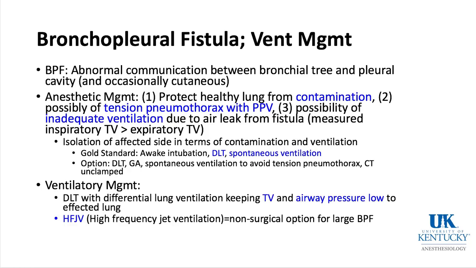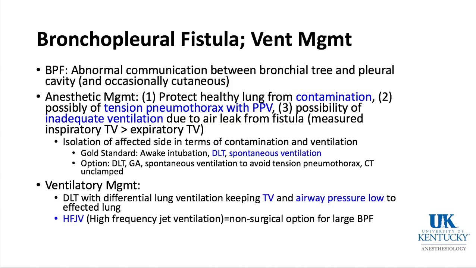So the anesthetic management of a patient with a bronchopleural fistula is, one, protect the healthy lung from contamination from the damaged or infected lung, and two, prevent tension pneumothorax that can develop with positive pressure ventilation. If you try to ventilate a patient who's got that big air leak, air is going to go where the least resistance is.